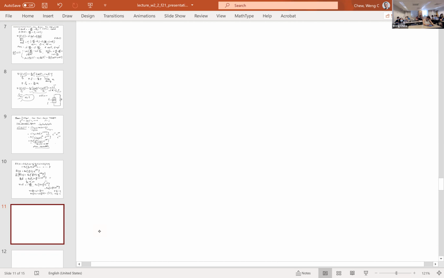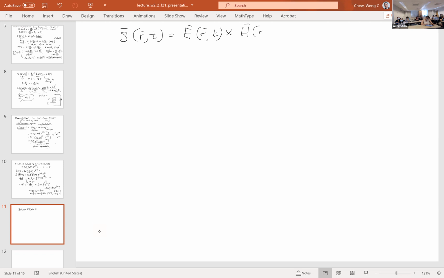We have earlier shown that you can have an instantaneous Poynting vector, and that instantaneous Poynting vector is just the cross product of the instantaneous E field and H field.